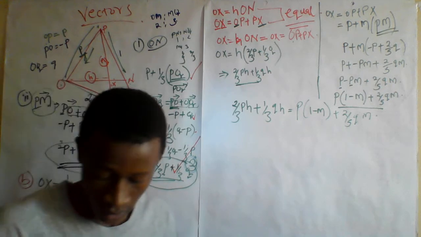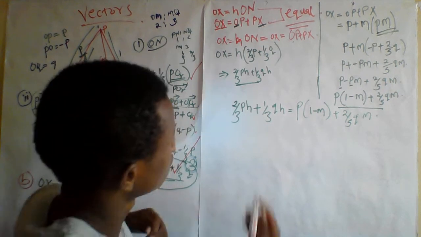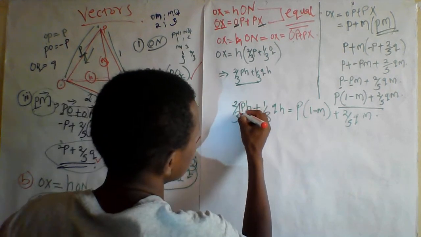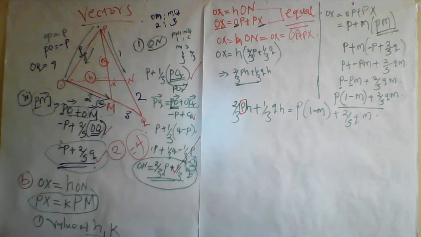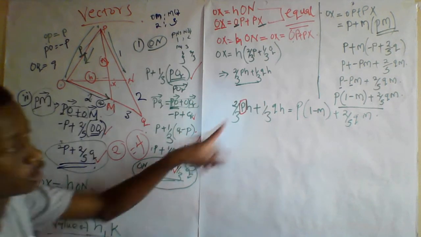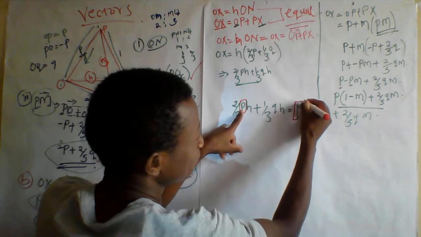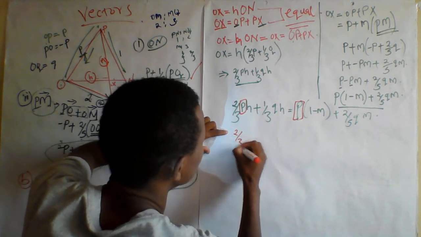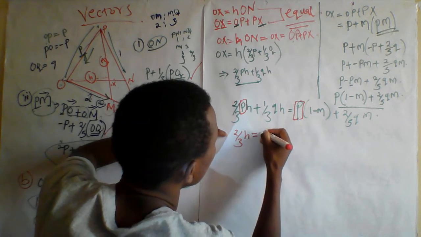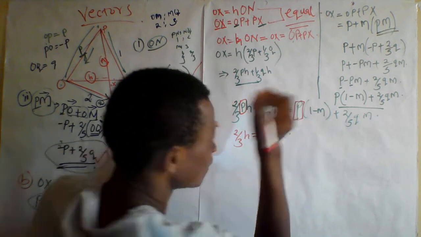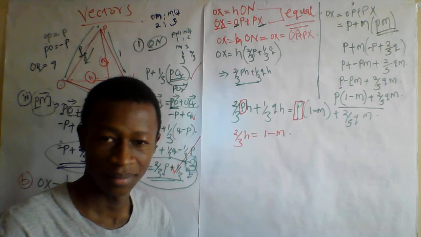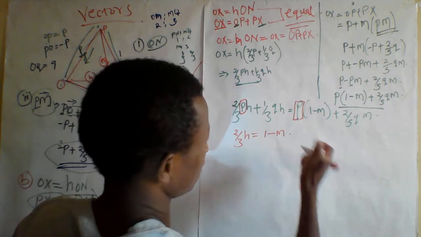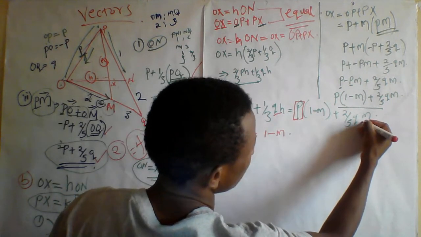Then the other thing that you look here, just look at these points. Because in our question we were asked to find the values of H. So P and P. So it becomes 2 over 3H is equal to 1 minus M. After that, we look at this one and this one.